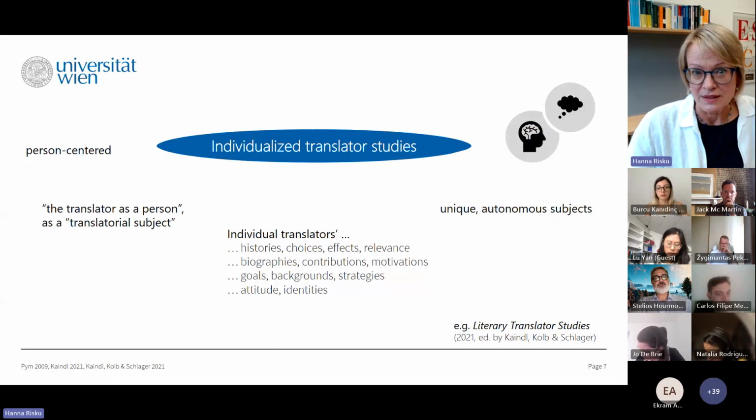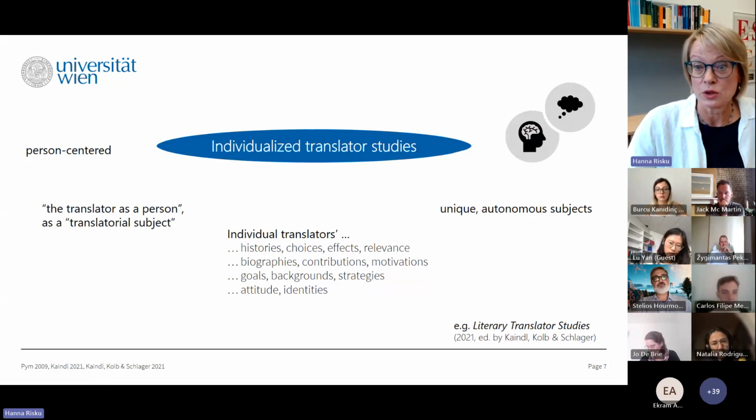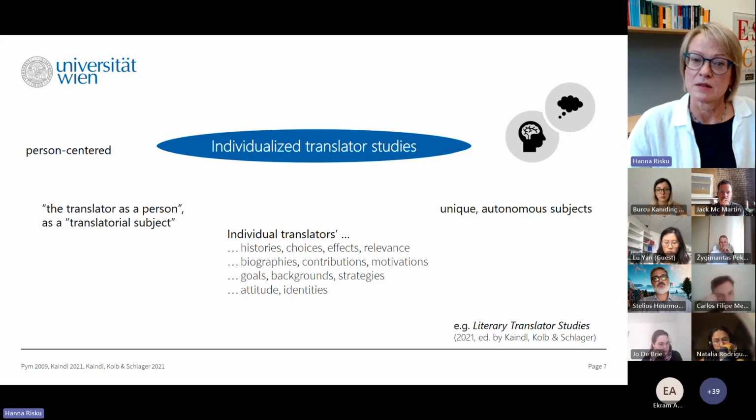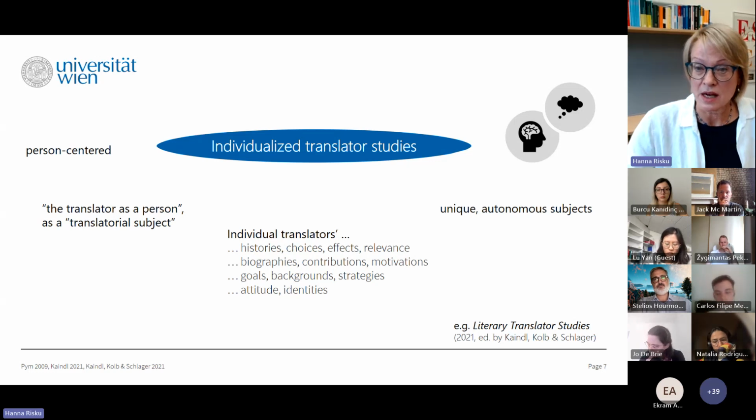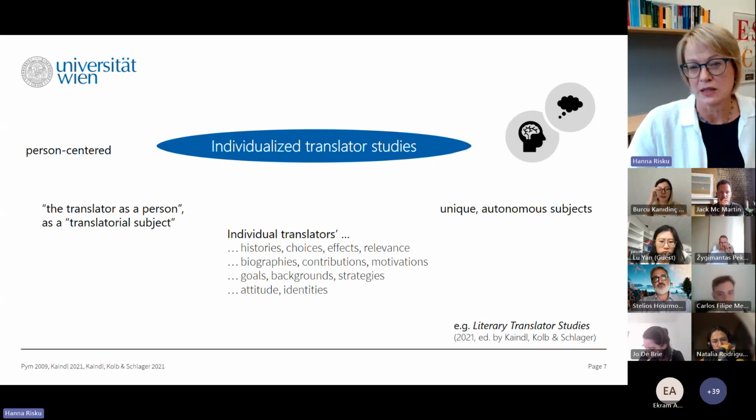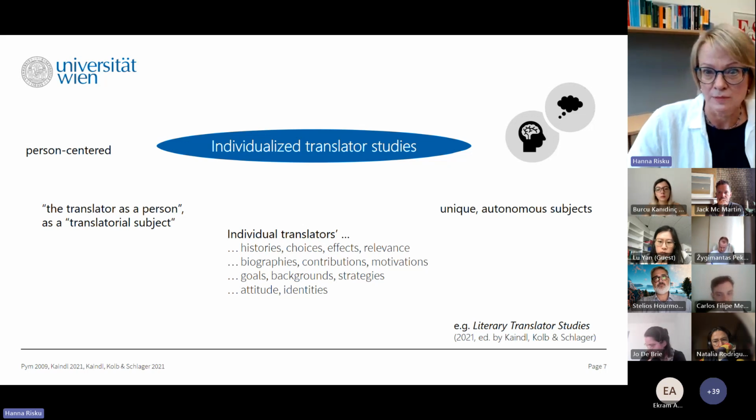A logical extension of this development is what could be called individualized translator studies, or person-oriented translation research. This branch studies the histories, choices, effects, and relevance of individual translators, the translator as a person, and the translator as a translatorial subject, according to Klaus Kindl.